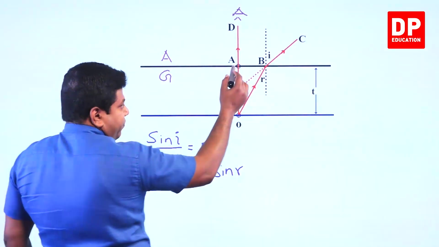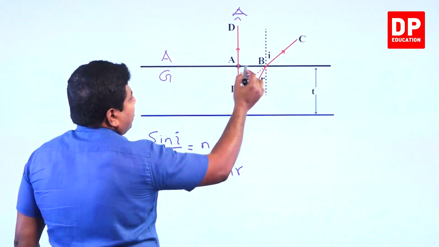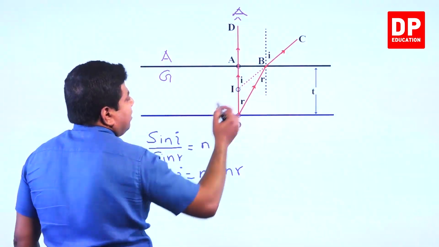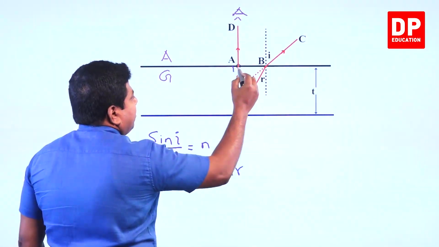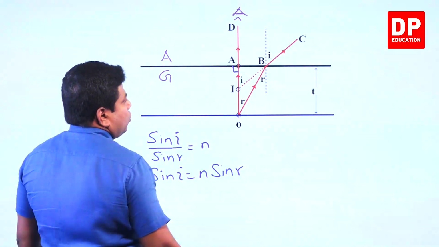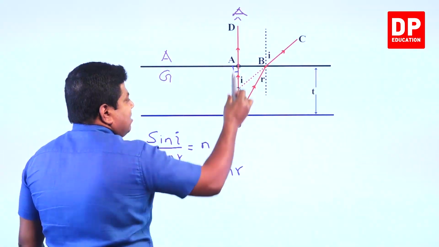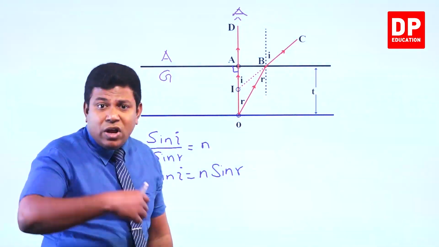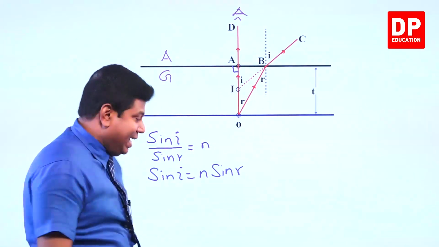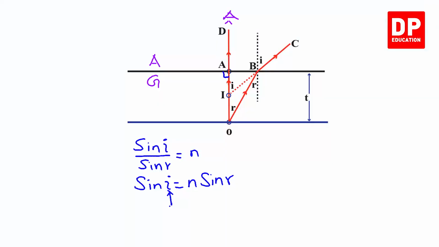Look at this point. If I draw the normal for the surface at this point, the normal and the ray are collinear because the ray is reaching here perpendicularly. So there is no angle between them, which means I is 0.